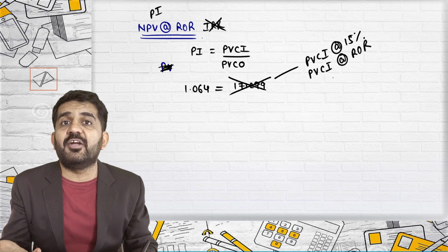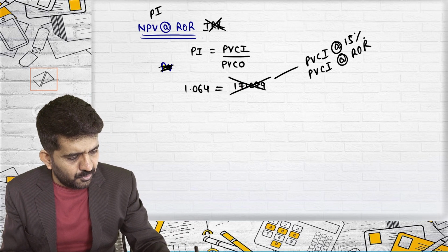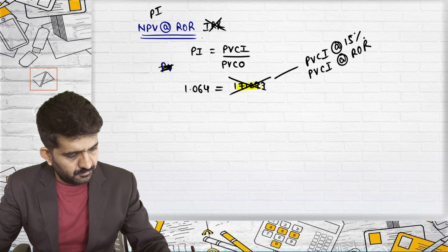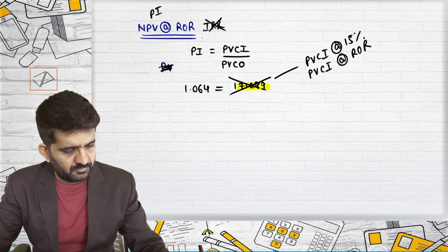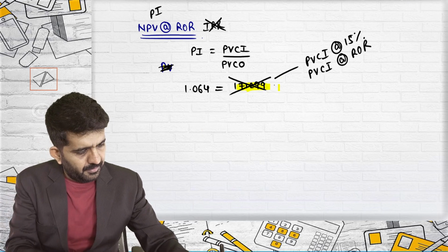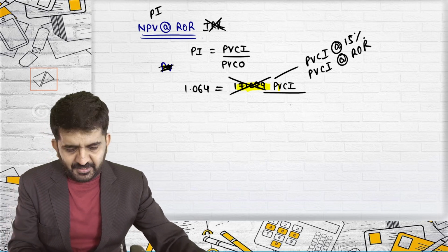Sir, what is required rate of return? We don't know. So what is happening? PI is present value of cash inflow divided by present value of cash outflow.